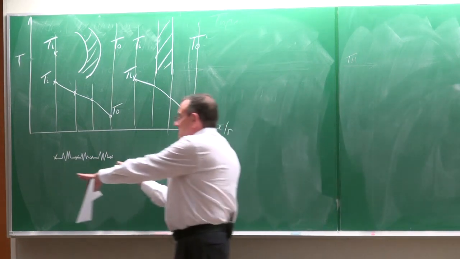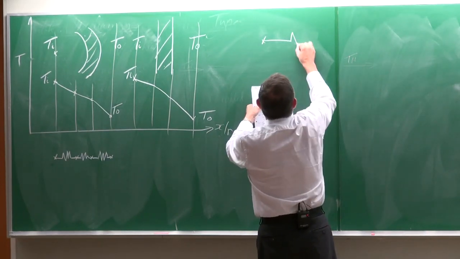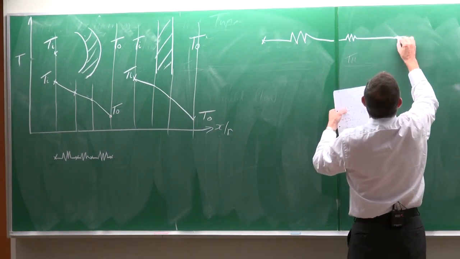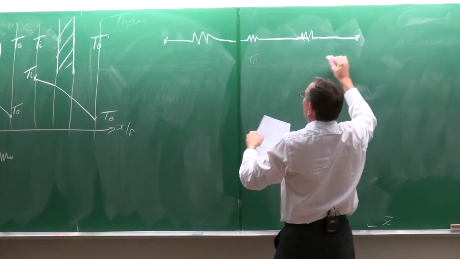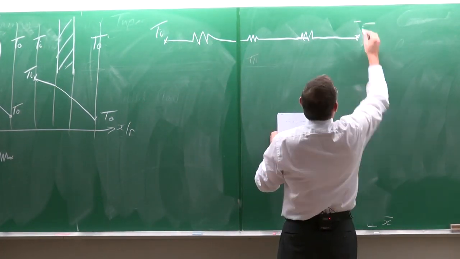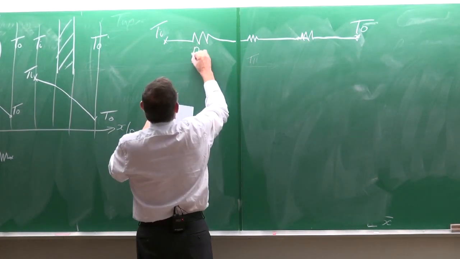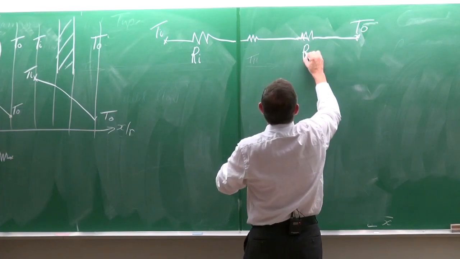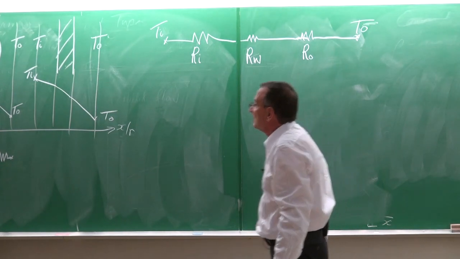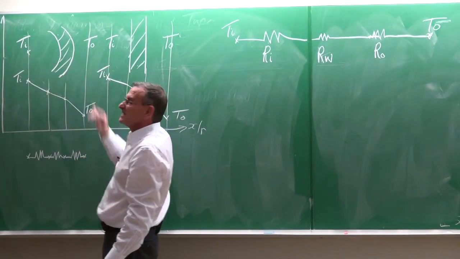Okay, I'm going to take this thing and just make it a little bit larger. Like that. Ti and T0. Okay. This is going to be the resistance on the inside, that's the resistance on the outside, and this is going to be the resistance of the wall. This is the resistance of the wall, the resistance on the inside, and the resistance on the outside.